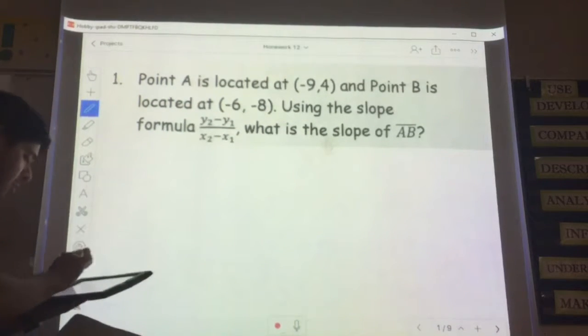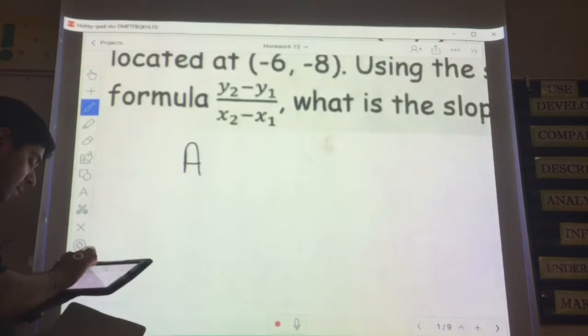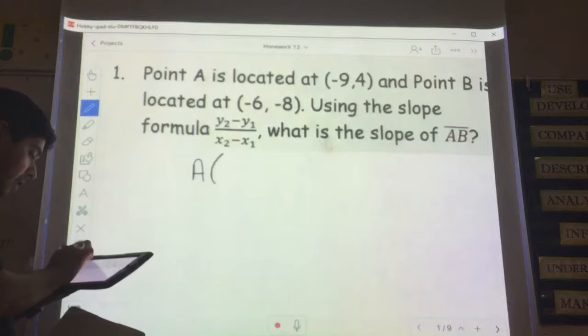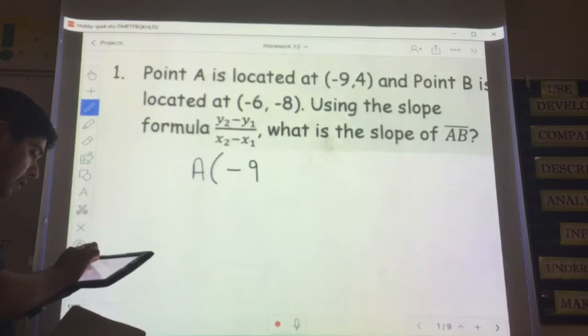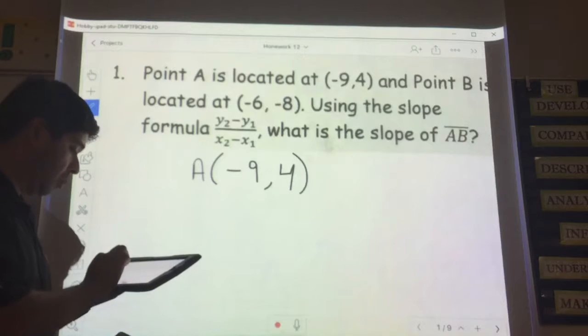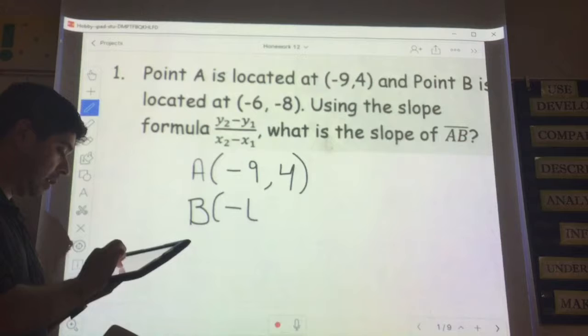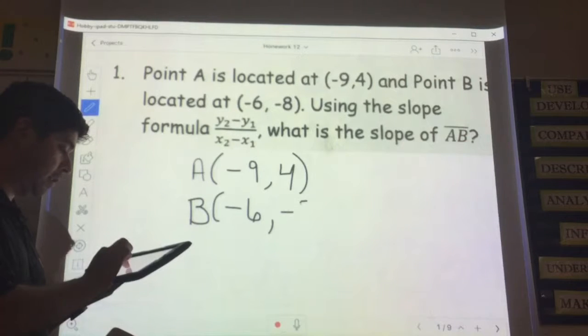So I'm going to rewrite point A. That is negative 9, comma 4. Then we're going to rewrite point B, and that's negative 6, comma negative 8.